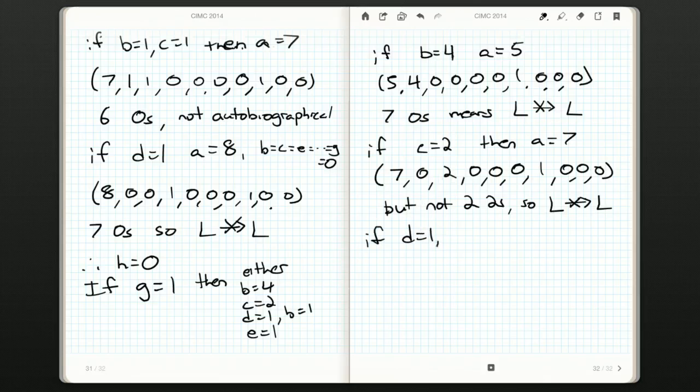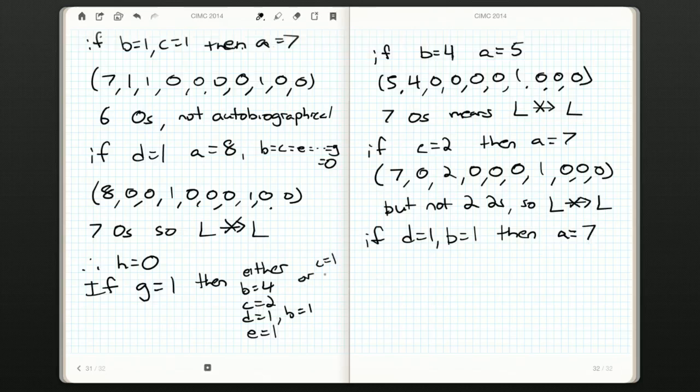How about D equals 1, B equals 1? Then what would we have? We would have A equals 7. Oh, I forgot there's a case here, or C equals 1, B equals 2.